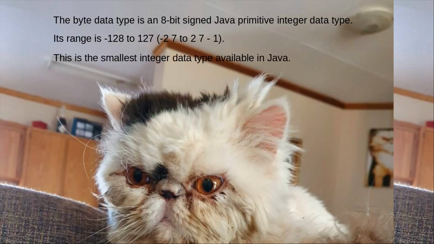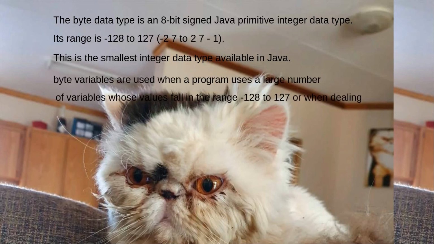And this is the smallest integer data type that you can store in Java. Byte variables are used when a program uses a large number of variables whose values fall between the range of minus 128 to 127, or when dealing with binary data in a file or over a network.